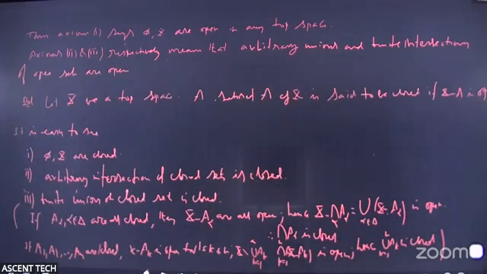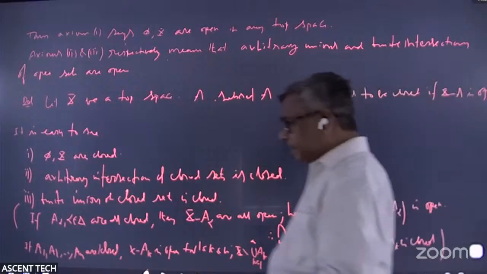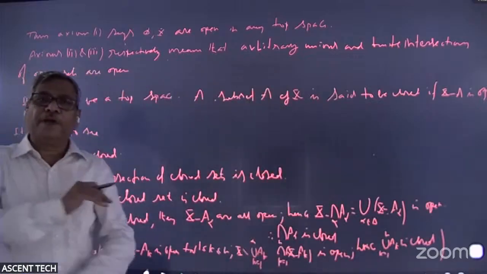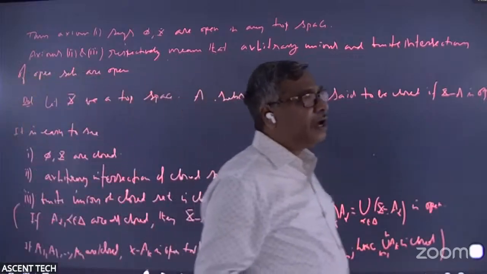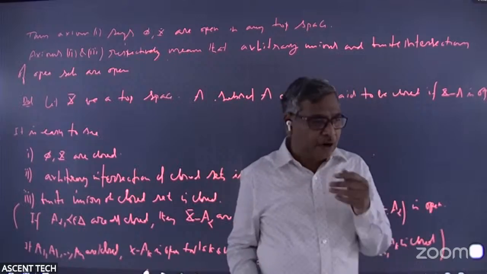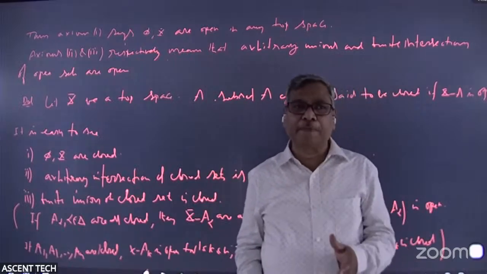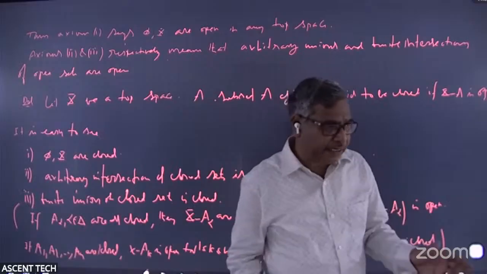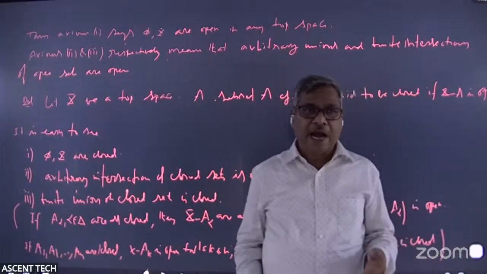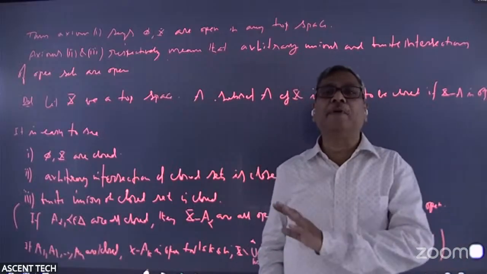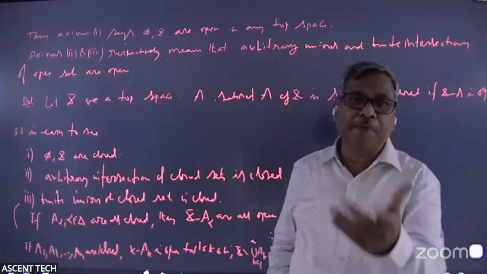So anyhow, I think I should virtually stop almost 11:30. So we have done very little. We talked about open sets. Open sets are nothing but the members of the topology that is on X, and a set is closed if its complement is in the topology T, if its complement is an open set.